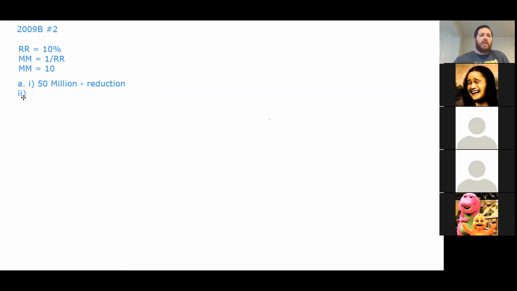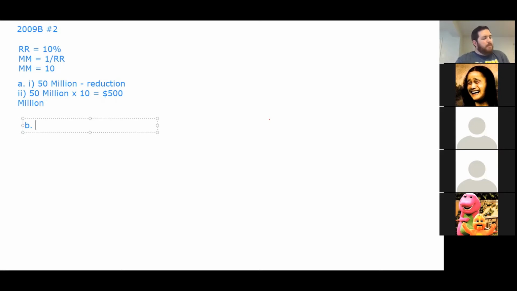So we are now going to take 50 million times 10, because it's the money multiplier, which means that we are going to have a maximum possible change of $500 million into the economy. And what is that going to do? There's going to be a $500 million reduction in the money supply. All right, and that is A. Okay, so let's move on to B here.